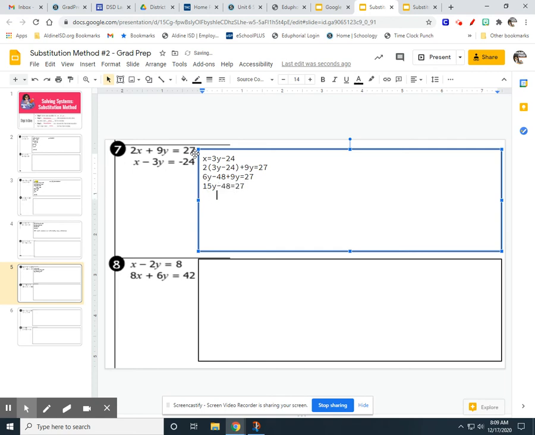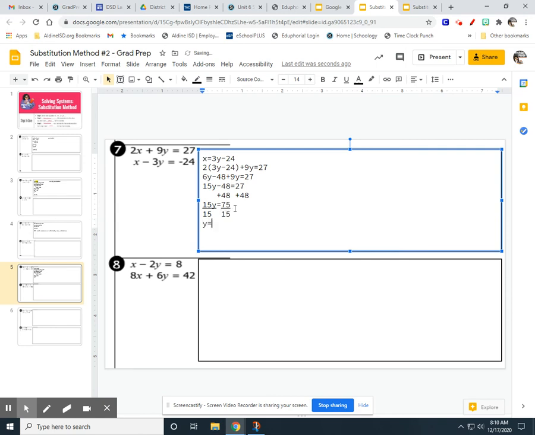We're going to add 48 because that's the opposite of the minus. 15y is equal to 75. Now we're going to divide each one of these. We're going to underline them to make sure we divide by 15. We can use a calculator if we need to.